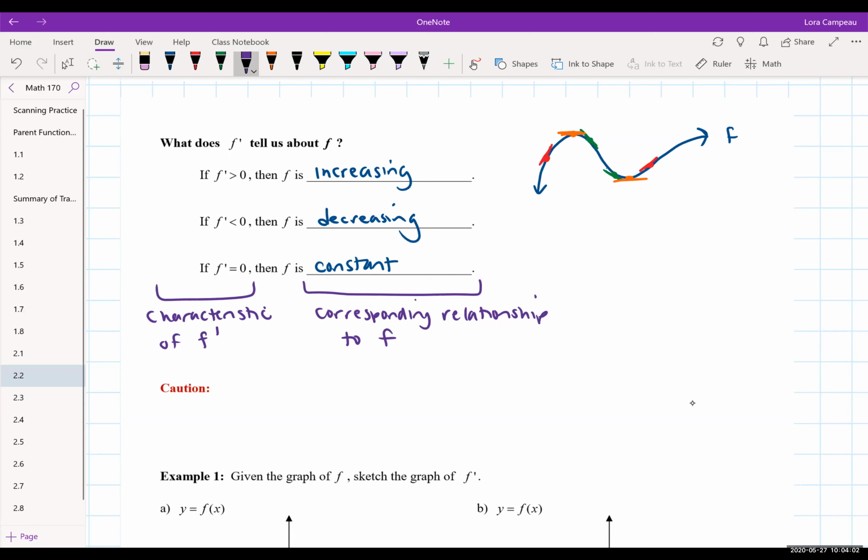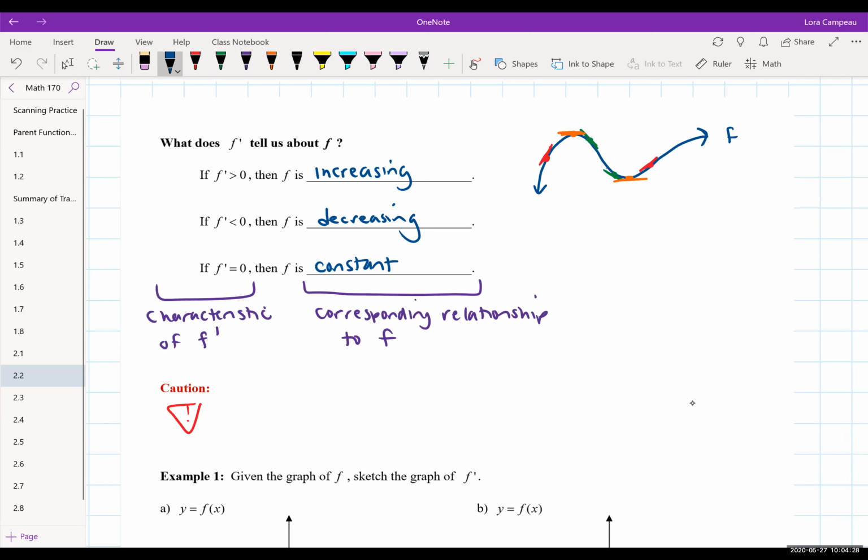So we have to be really careful. I don't want you to confuse, little caution symbol there. Be careful not to confuse positive and negative with increasing and decreasing. Remember, we're talking about what's happening with the derivative versus its function itself. So it's true that a function can be a negative function.